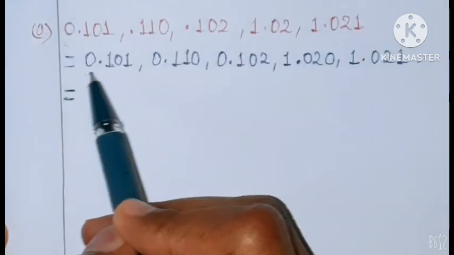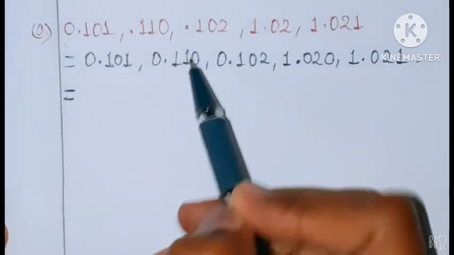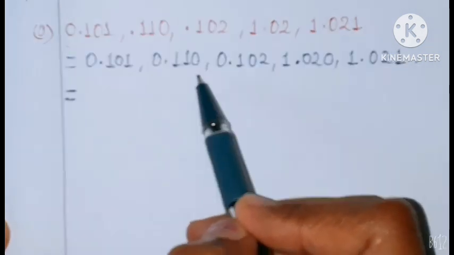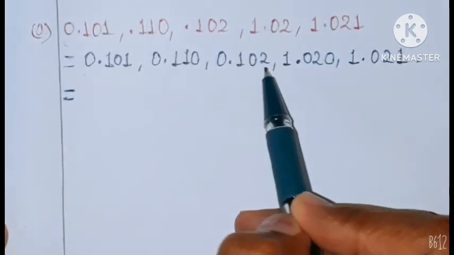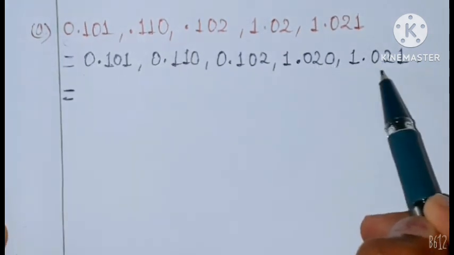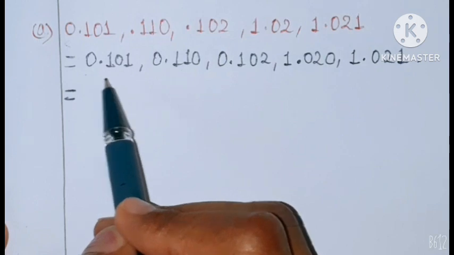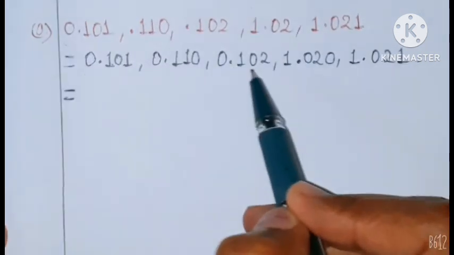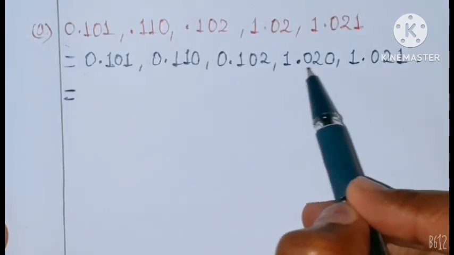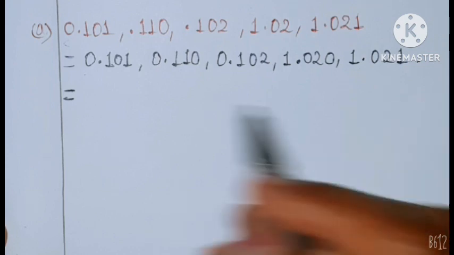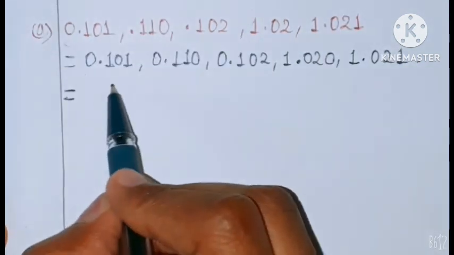So this is 0.101, this is 0.110, this is 0.102, 1.020 and 1.021. It is not spelled like that, it is said like 0.101, 0.110, 0.102, 1.020, 1.021. I have said this to make you understand which is bigger and which is smaller.